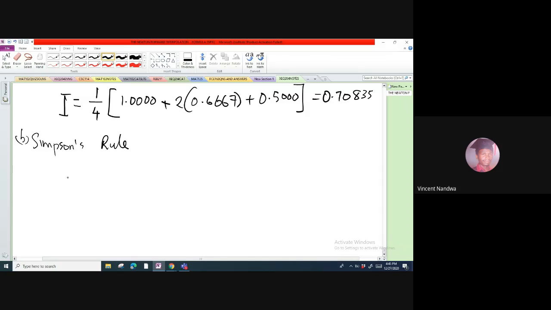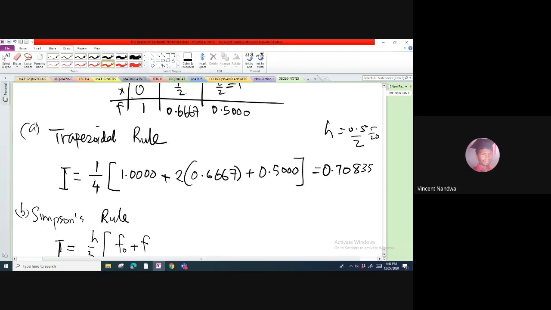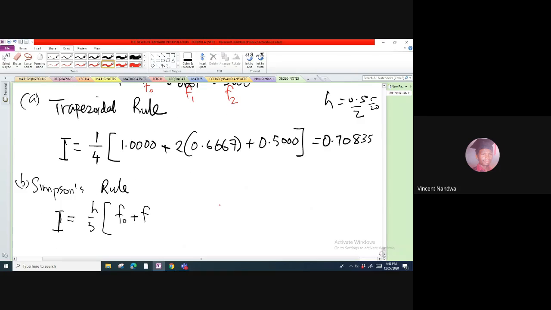So Simpson's rule will have I given by h over 3 into f naught plus f2, and then plus 4 f1.